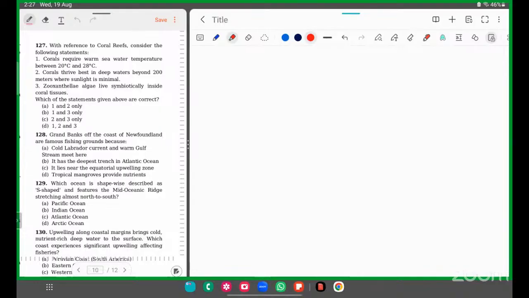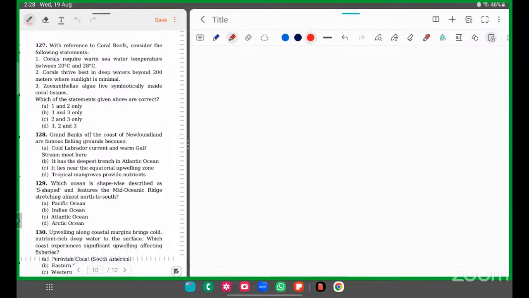The Grand Banks off the coast of Newfoundland are a famous fishing ground because, the options given are, A. Cold Labrador current and warm Gulf Stream meet here, which is correct because fish thrive mostly in cold water.